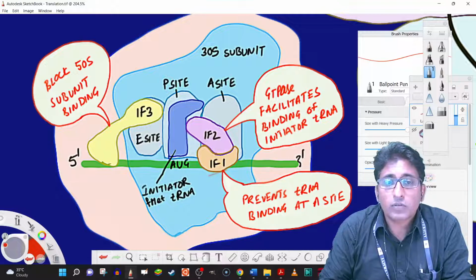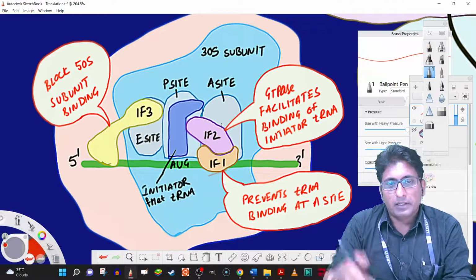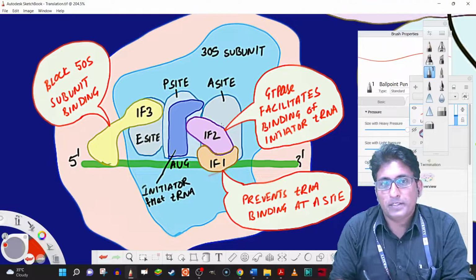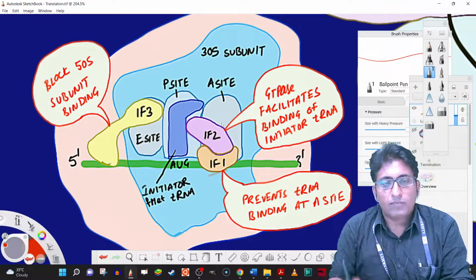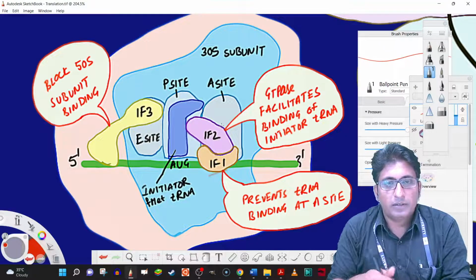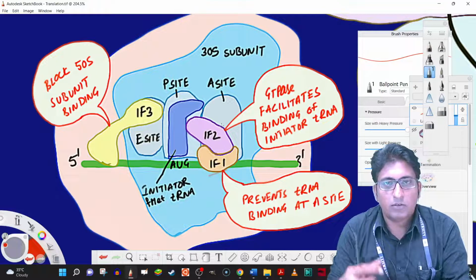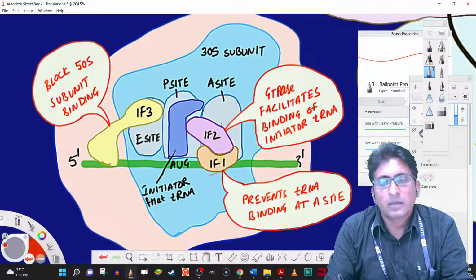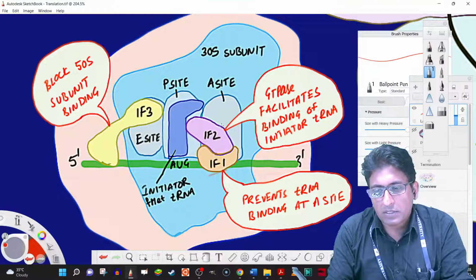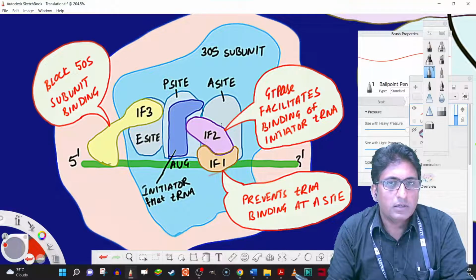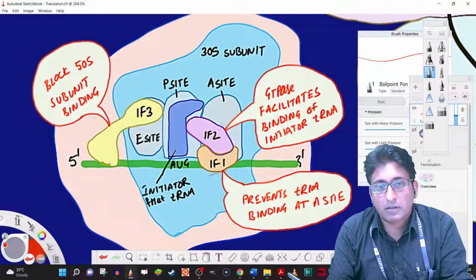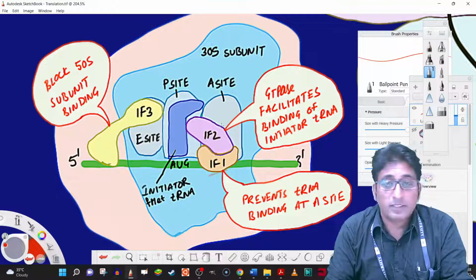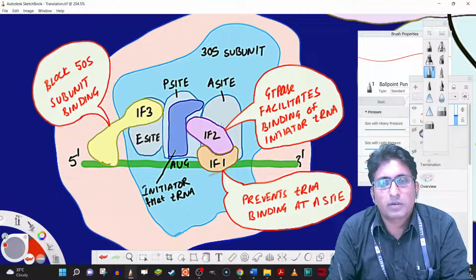And then we also have IF2. IF2 is important for bringing the initiator tRNA to the P site. So IF1, IF2, and IF3 all have their own clear-cut reasons for being there. In the same way, as we proceed, we may not discuss all the aspects of every translational factor.